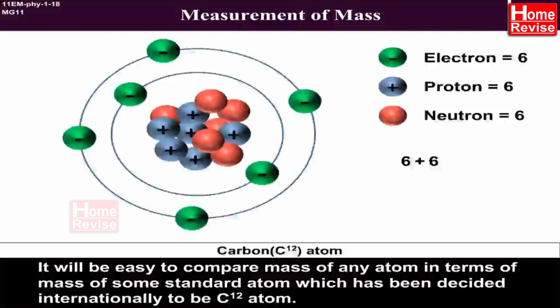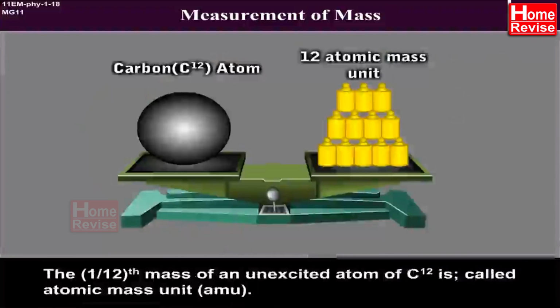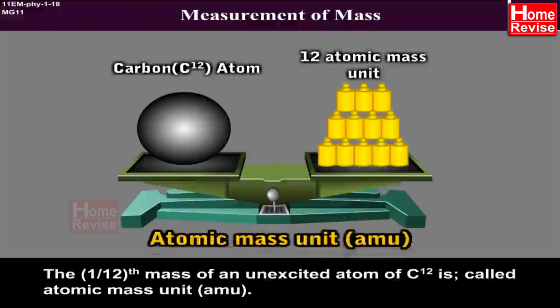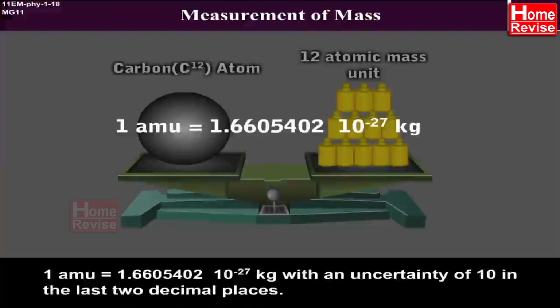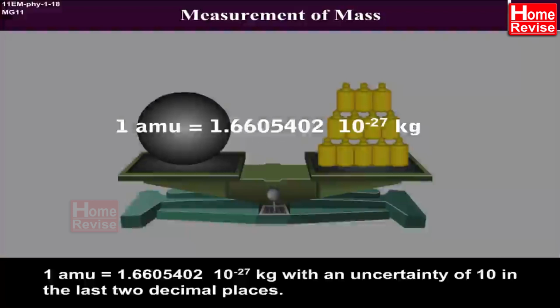The 1/12th mass of an unexcited atom of C12 is called atomic mass unit, AMU. 1 AMU is equal to 1.6605402 into 10 raised to minus 27 kg with an uncertainty of 10 in the last two decimal places.